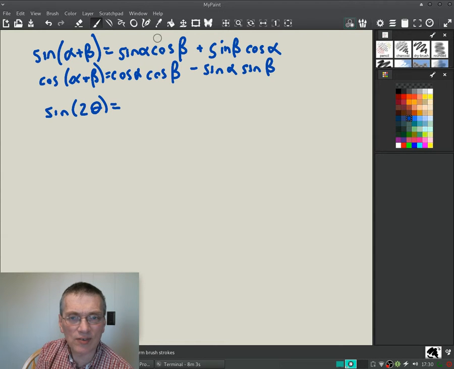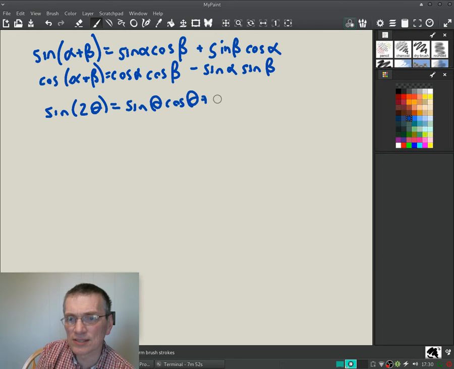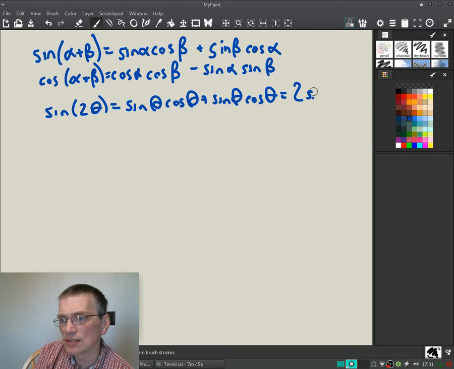So basically we just have to go through and replace alpha and beta with thetas. So this becomes, I'll write it out, sine of theta cosine theta plus sine of theta cosine theta, which equals 2 sine theta cosine theta. Those are the same thing.